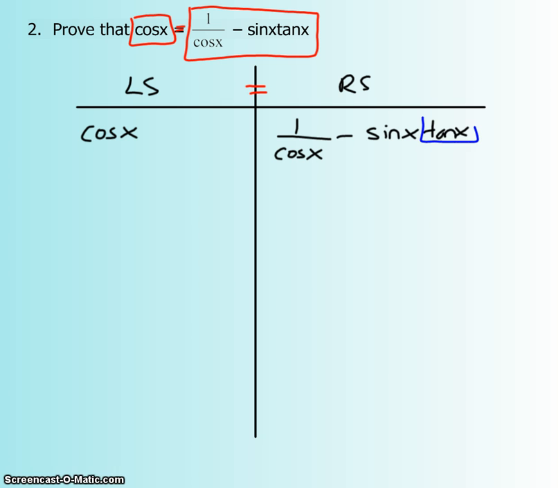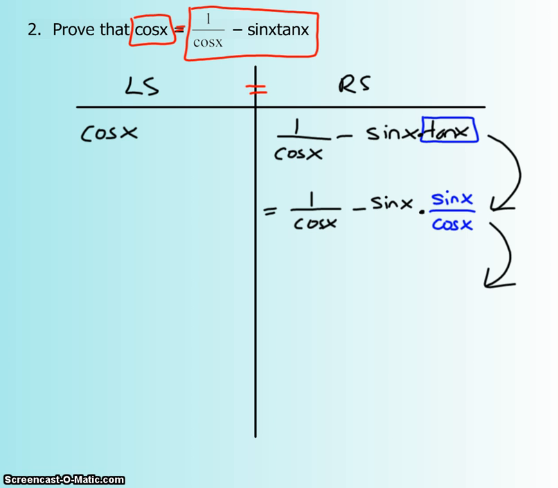Remember that the tan x can be replaced by sine x over cos x, and that was being multiplied by sine x. Then there was also the 1 over cos x and the minus, and don't forget your equal sign, because again, this step equals the next step, which equals the next step.